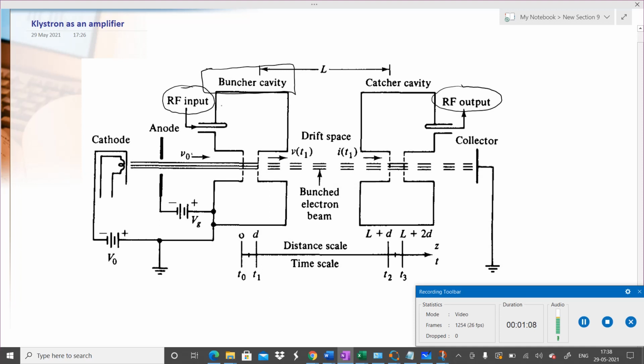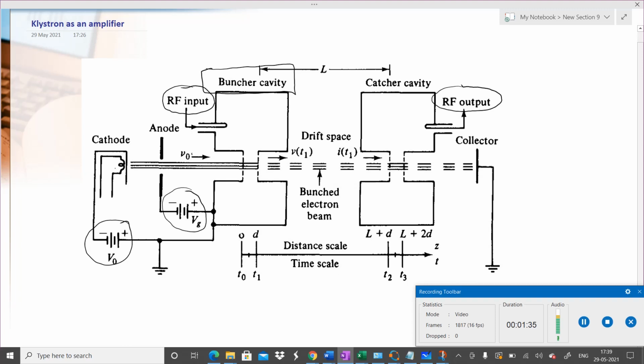So when the input RF is fed to the buncher cavity, there will be oscillations set in the cavity, right? Then we have this cathode which will be fed with this battery of voltage V0. And then we have the anode, which also has its potential maintained by this Vg.